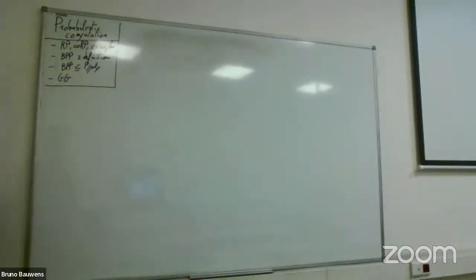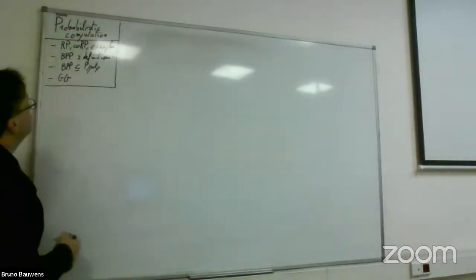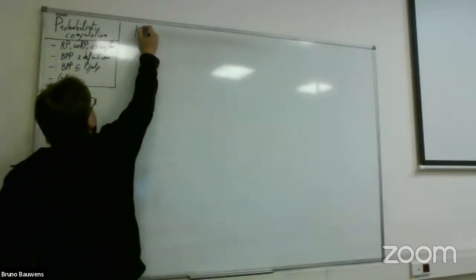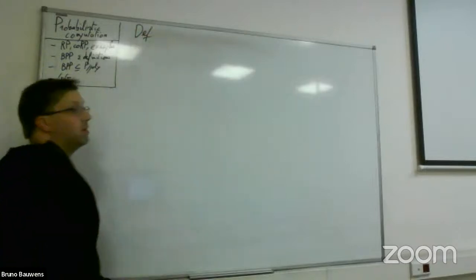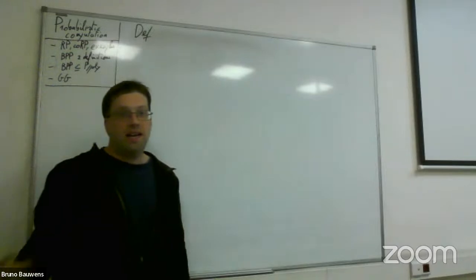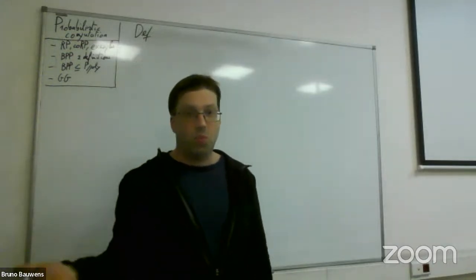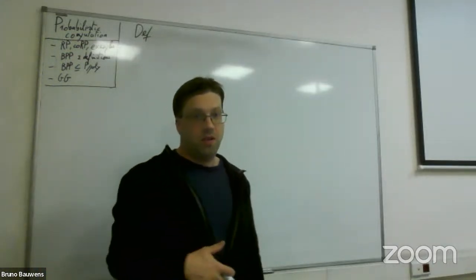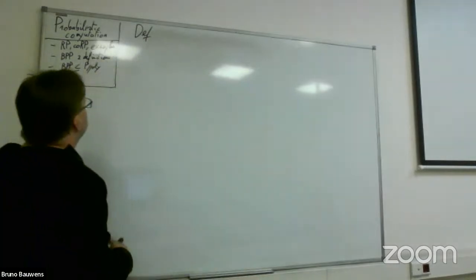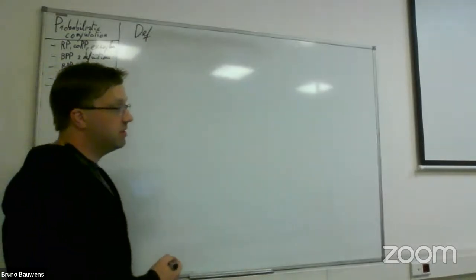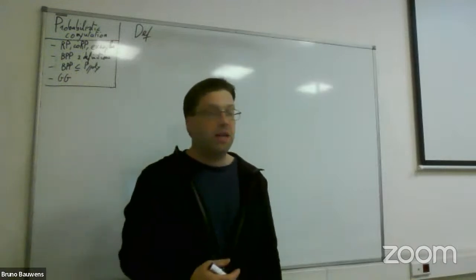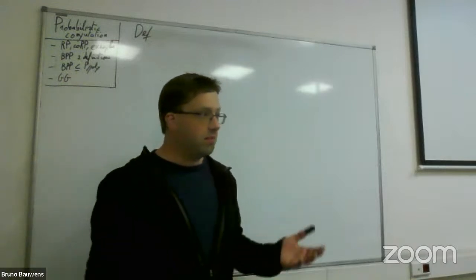Yes. So now let us go to a definition of RP. This is languages that can be decided by randomized algorithms with one-sided error. So let us just write down the definition. But by the way, what is a randomized Turing machine?